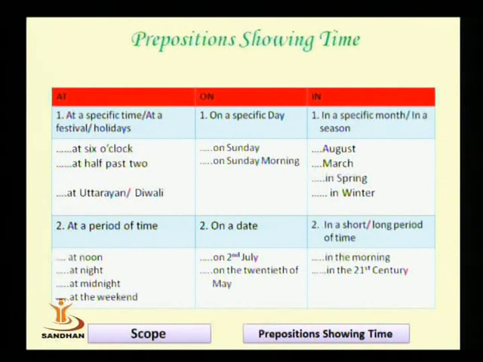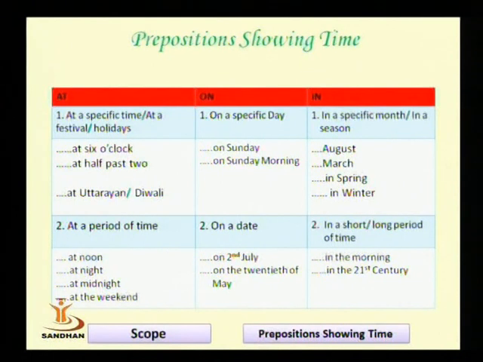Likewise, look at the second row: on Sundays, on Sunday morning, or any name of a day of the week. In the last, 2nd July is a date, and on the 20th of May is also one way of writing the date. Either way a person can write a date.